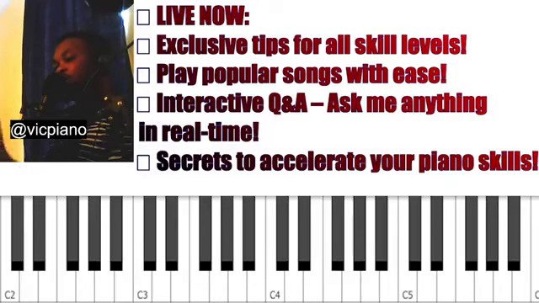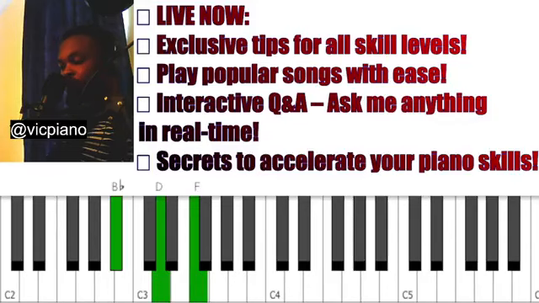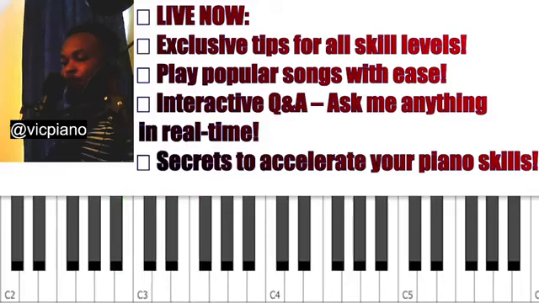Now, if you're having issues with your left hand, especially if you're converting your triad chords on your right hand to 7 chords, what you should do on your left hand is omit the second note of the chord. For example, this is B flat major chord. B flat major chord is the 4 of F major scale. So instead of playing this, I'm going to omit the D. I'll just play this.